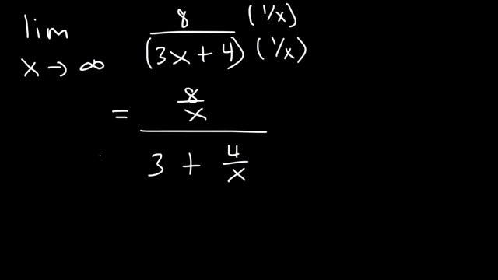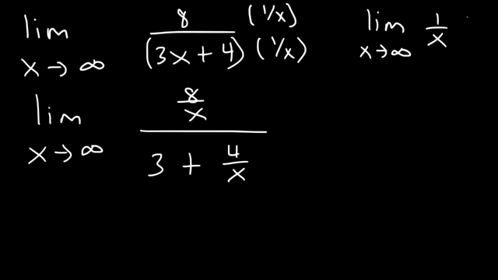So now we can apply the limit as x approaches infinity for every term in this fraction. So recall, anytime you have, let's say, a fraction like 1 over x, that's going to turn into 0. The limit as x approaches infinity for 1 over x is 0.